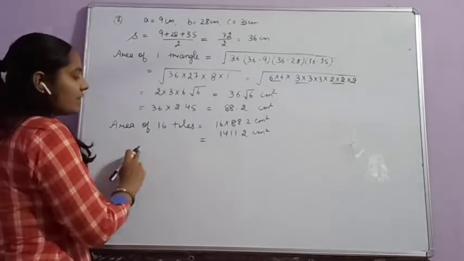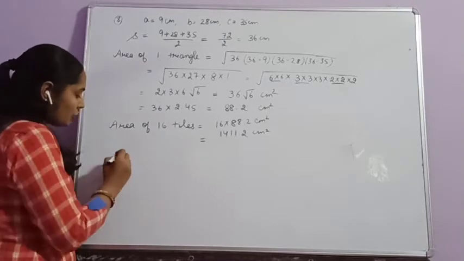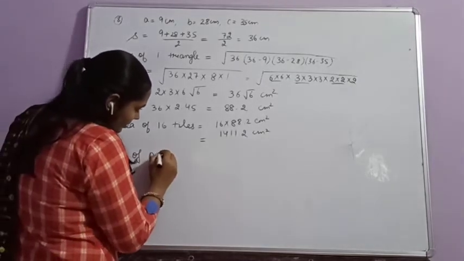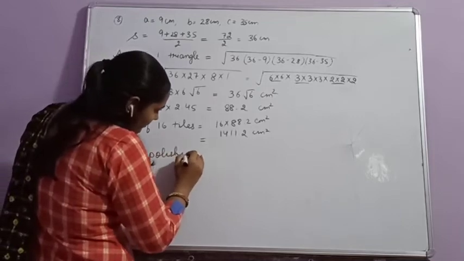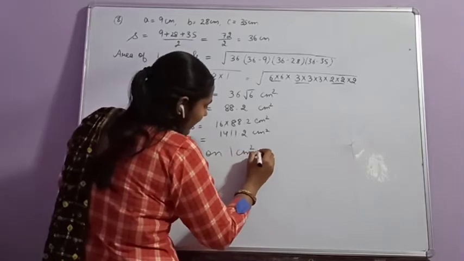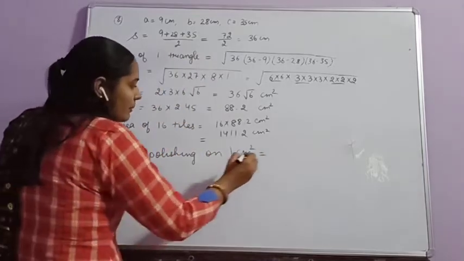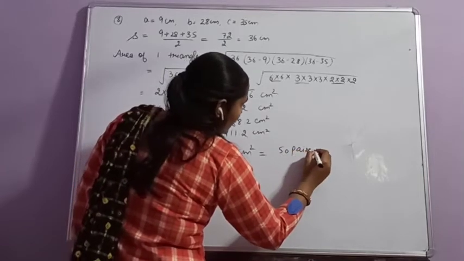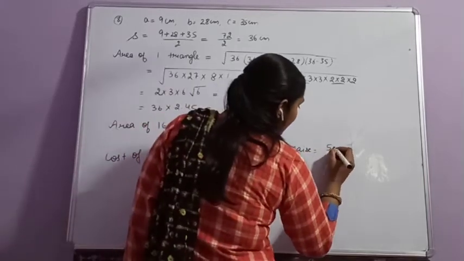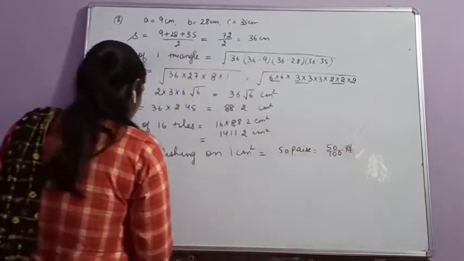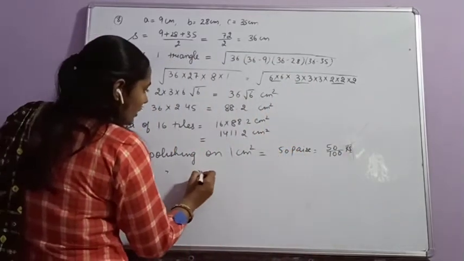Clear? That is the area of 16 tiles, and we know that cost of polishing on 1 square centimeter, that is equal to 50 paise. We can calculate 50 paise in rupees by dividing 100. 50 by 100 rupees.